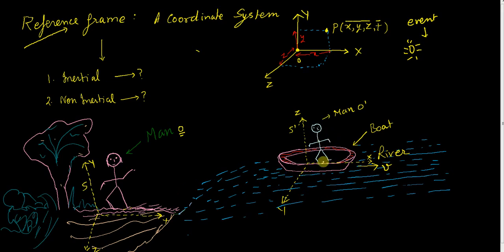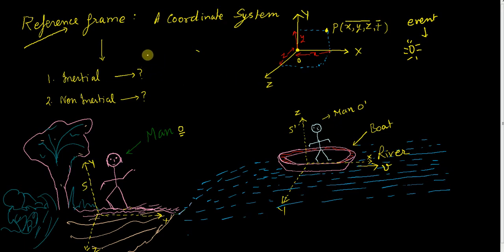This man is standing on the boat, and the boat is moving in the river in this particular direction, and here a man is standing and watching the second man O prime. Now you have to tell whether this observer is in an inertial frame, and whether O prime is in an inertial or non-inertial frame.